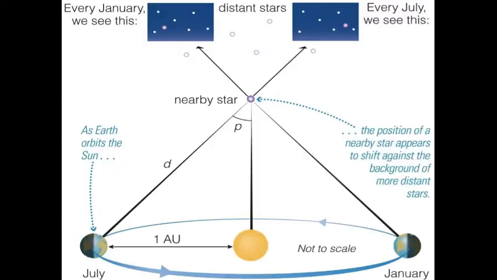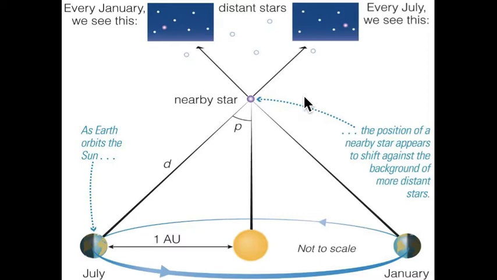Next we come to parallax. And parallax is a practical way of getting a handle on the distance to stars of interest. And here you see the Earth at 2 different positions. For example, here in January, we might see the star of interest with respect to the background stars. But then in July, notice that that star moved.